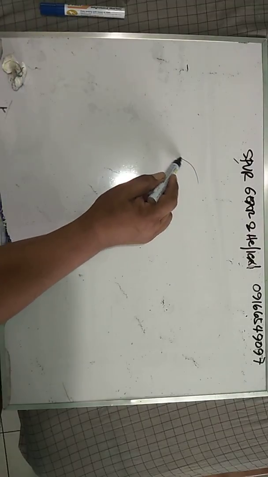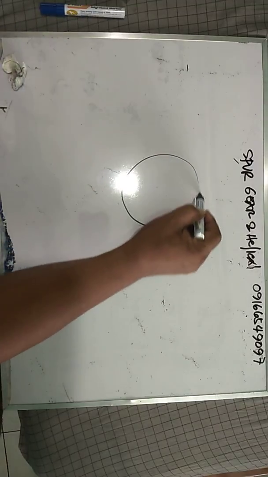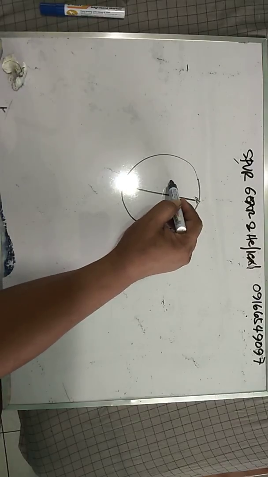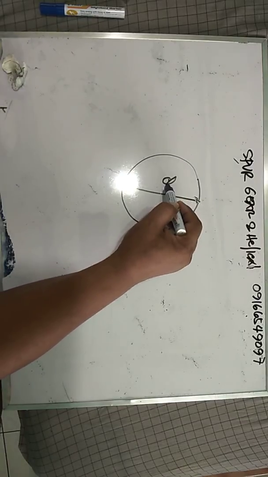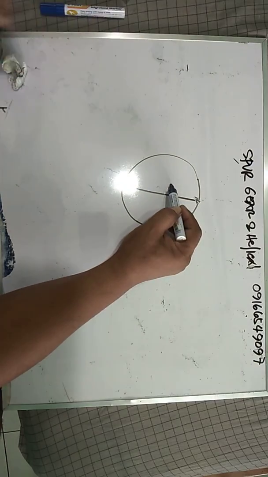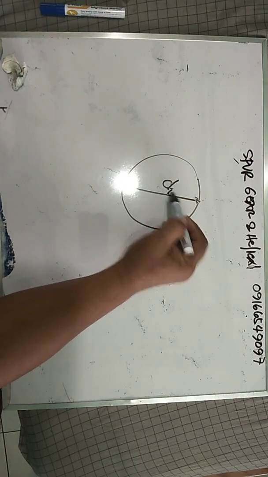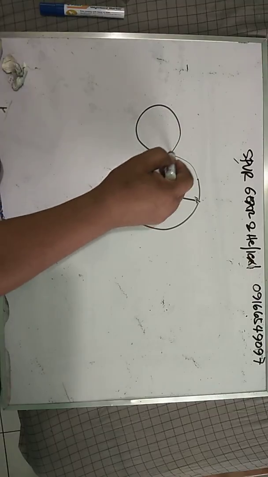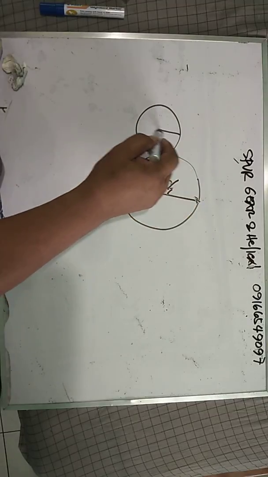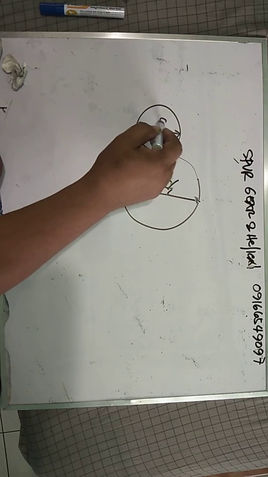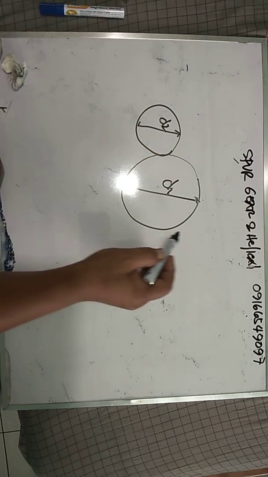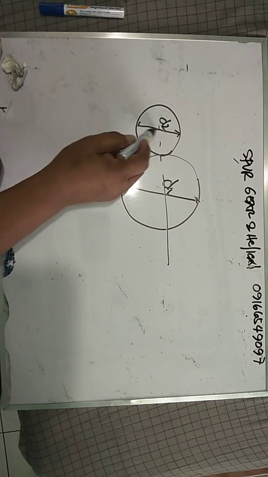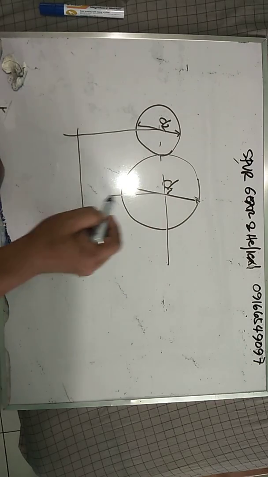If this is the pitch circle, and this is the pitch circle diameter of gear 1, D1, and this one is pitch circle diameter D2. Okay, this is the center line.